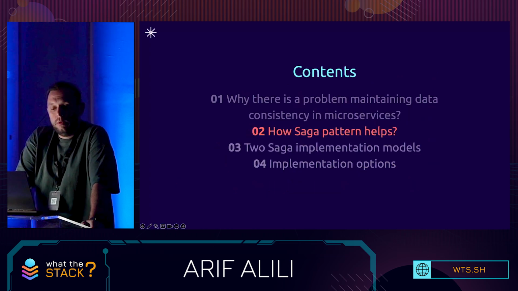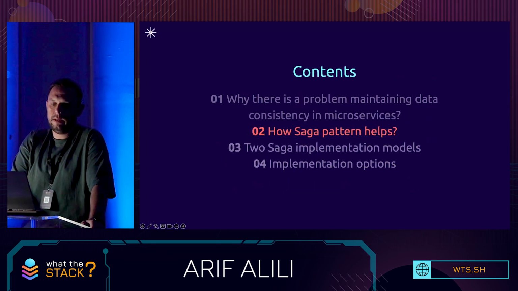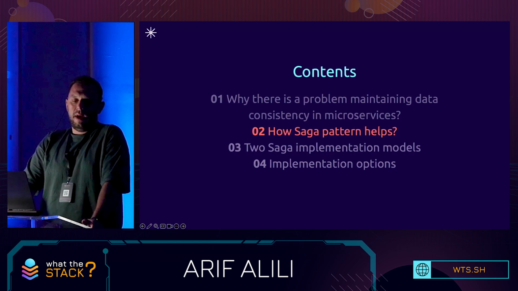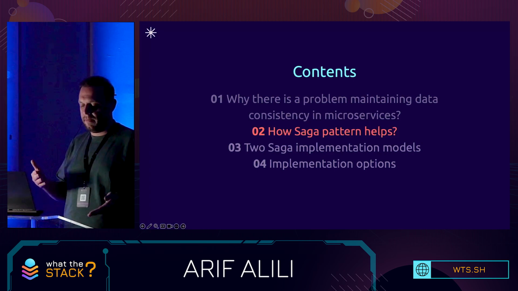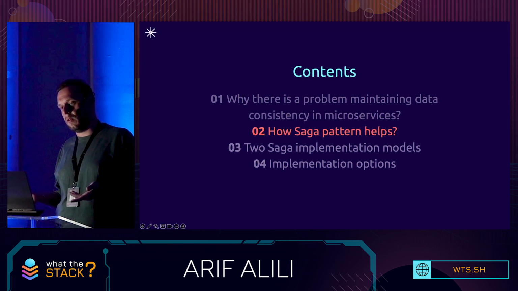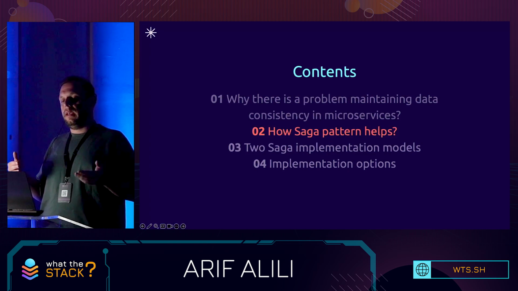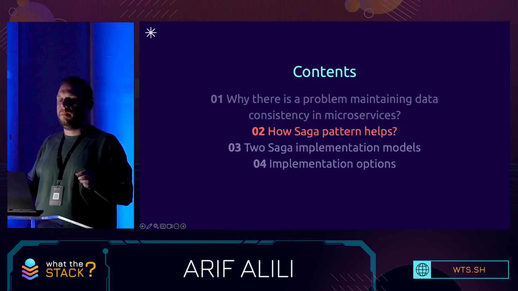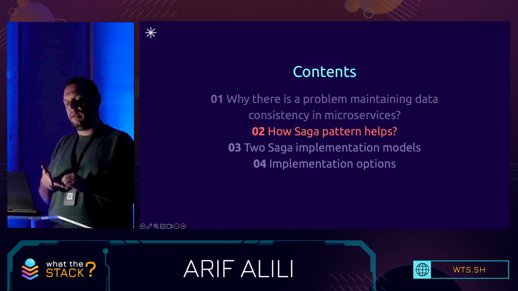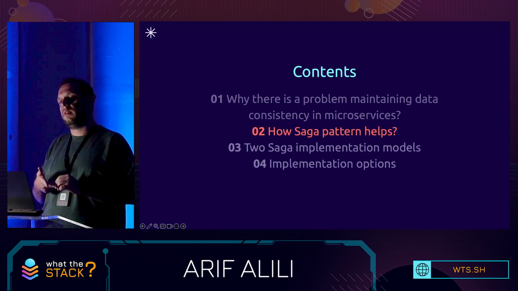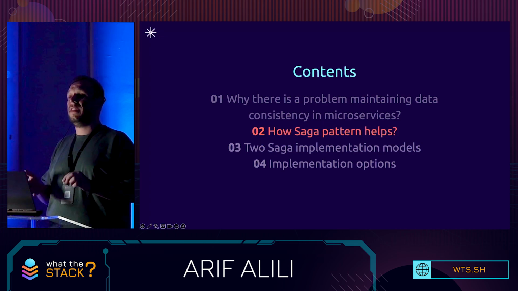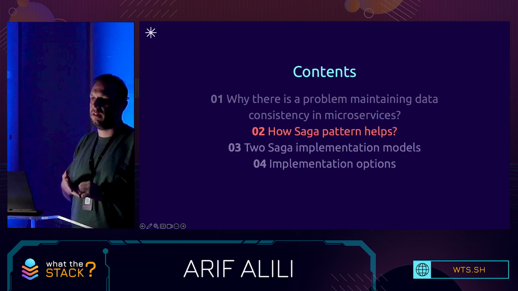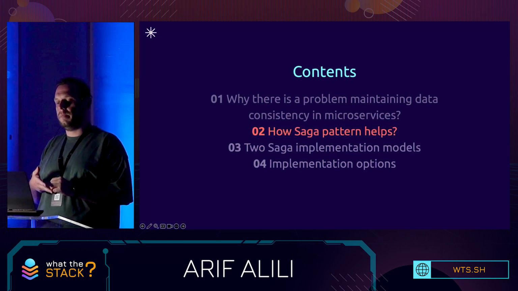What would we do in this case? And how does the Saga pattern help mitigate this issue? As I mentioned in the earlier case, where we have a customer that is placing an order, imagine in this microservice world scenario, the order is created, payment is done, inventory is reduced for that particular product or products, and then the service is called to check whether the customer that is placing the order has enough credits to place the order.